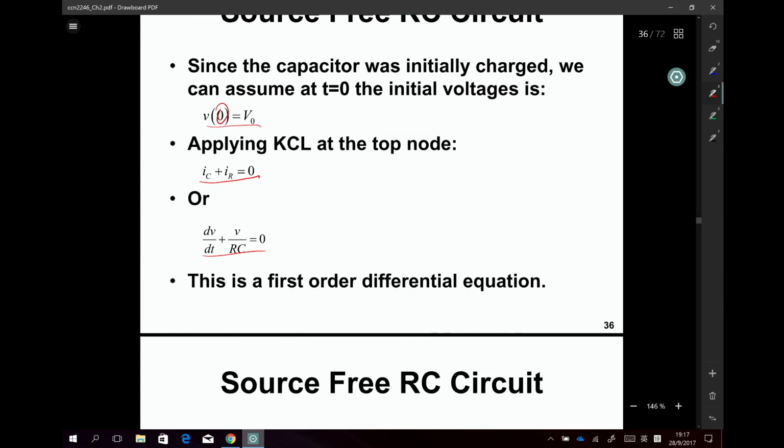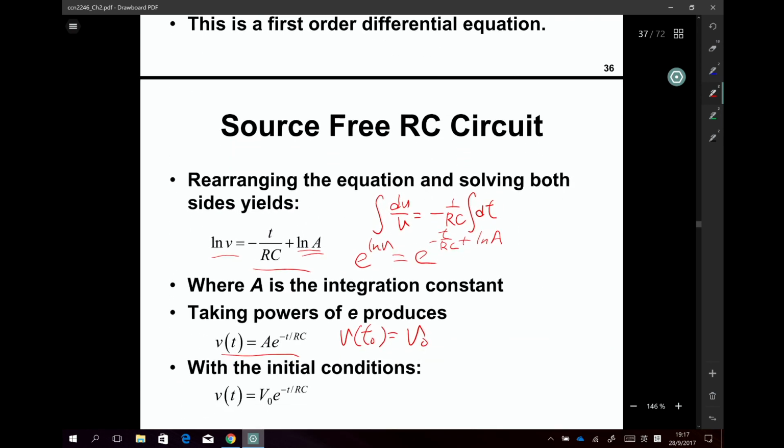Actually we put t equal to 0, and this gives you A e to the power minus 0 over RC, which gives you A. That means your integration constant A equal to V0. So this gives you the solution to our source-free RC circuit, where v(t) equal to V0 e to the power minus t over RC.